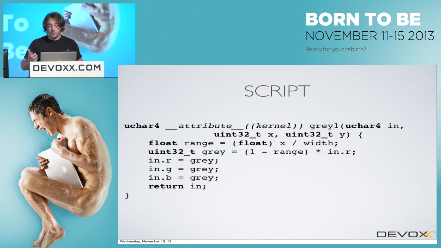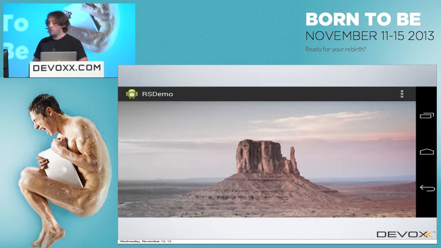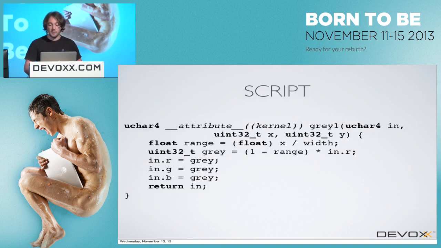Then let's say we compute a float, that's the range that we are applying, compute the color that we want depending on that range, and then set that into the pixel that we work on. If you want to do a bit more, mixing colors like that, you can simply reference the input and have a nice effect like that.